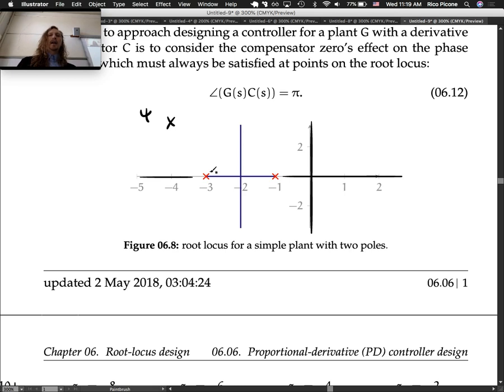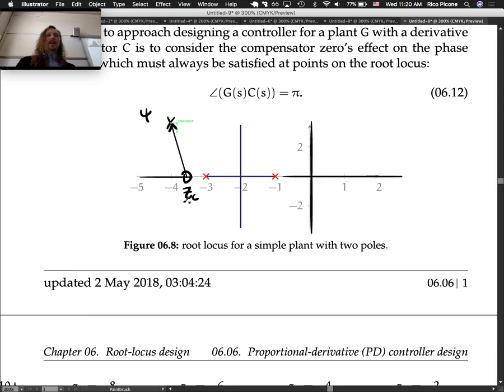We know that if we evaluate g of psi, the angle of g of psi is not going to be equal to pi because it doesn't go through the root locus. We're trying to place our zero in a location such that it contributes an angle, so I'll draw it right here. It contributes an angle like this. So this is our ZC, this is our psi.